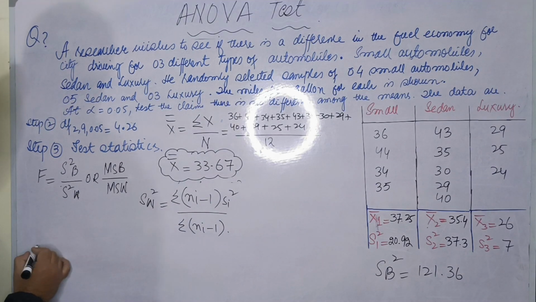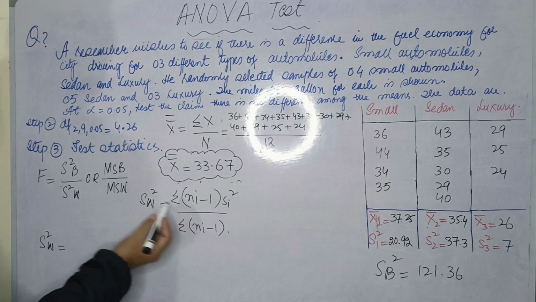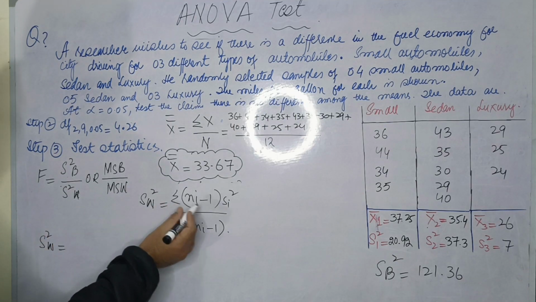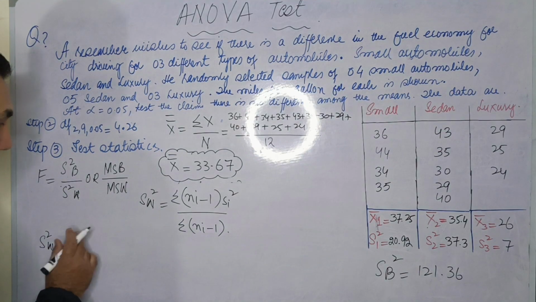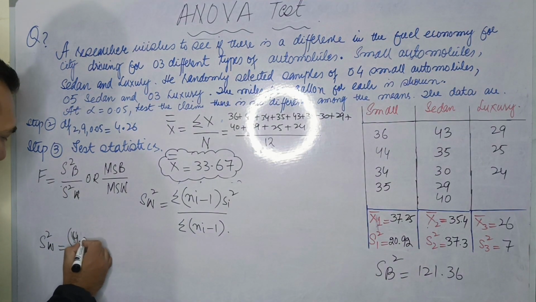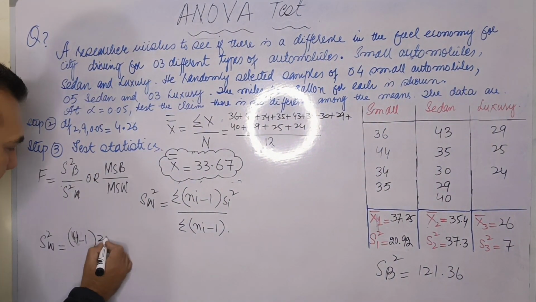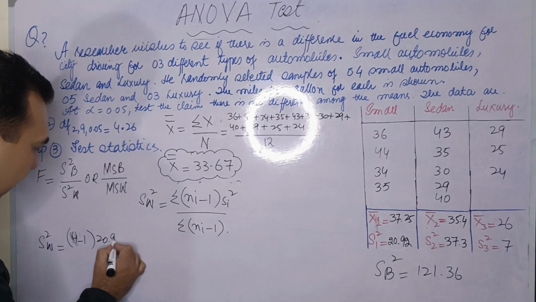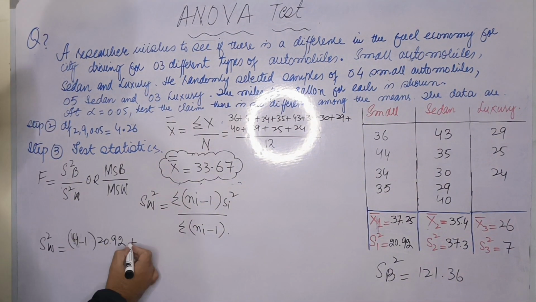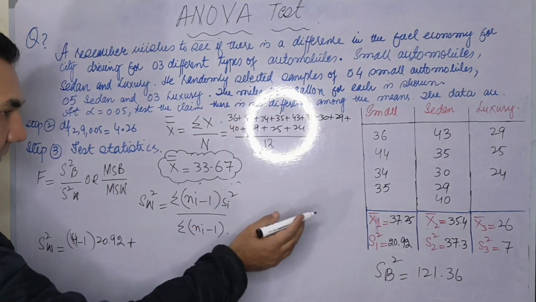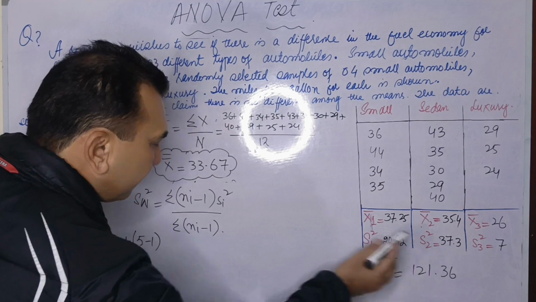How much is s1 variance? The sample size of the first one is 4, minus 1. What is the variance of the first one? It is 20.92. We will multiply it, then sum. Again, what is the sample size for the second sample? It is 5 minus 1, and what is the variance for that?